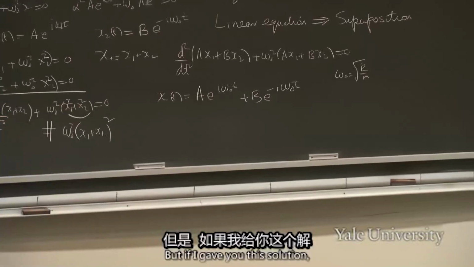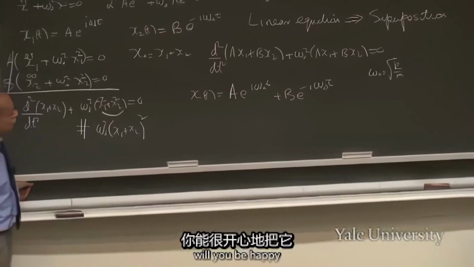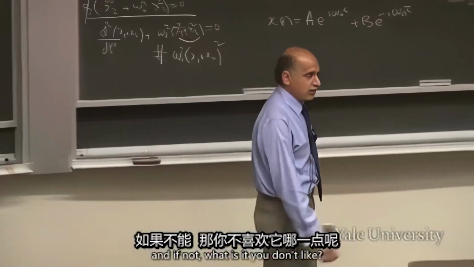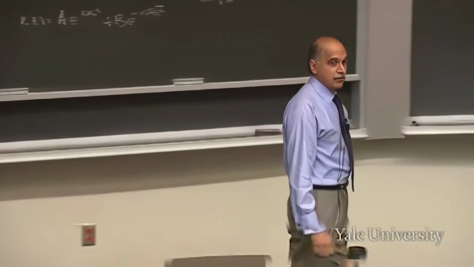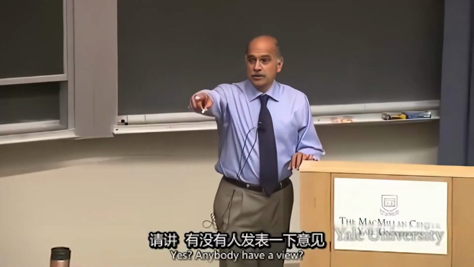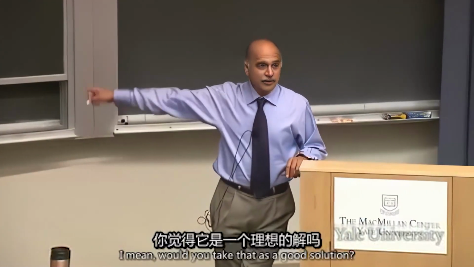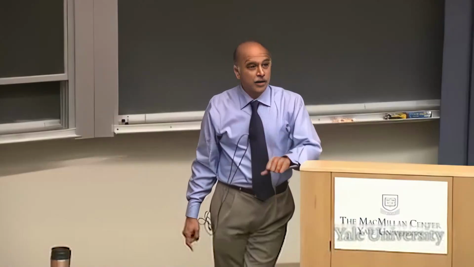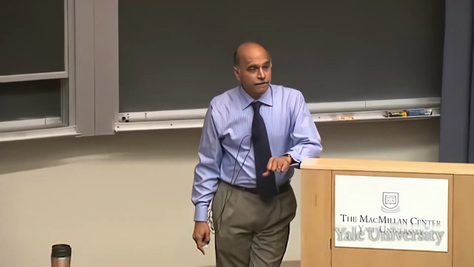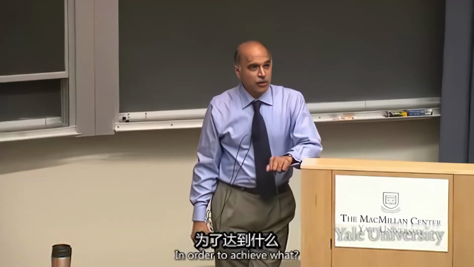But if I gave you this solution, will you be happy to take it as a solution for the mass spring system? And if not, what is it you don't like? Yes? Anybody have a view? I mean, would you take that as a good solution? Yes? Wouldn't you need to figure out how to choose the right A and B? In order to achieve what?